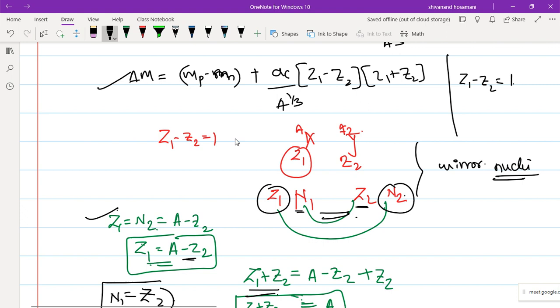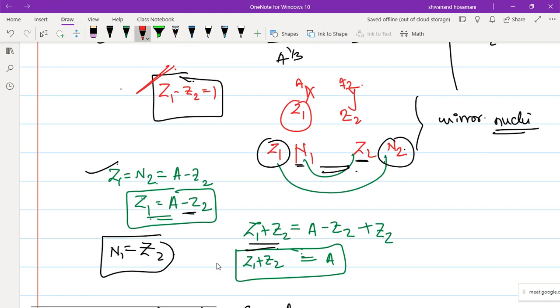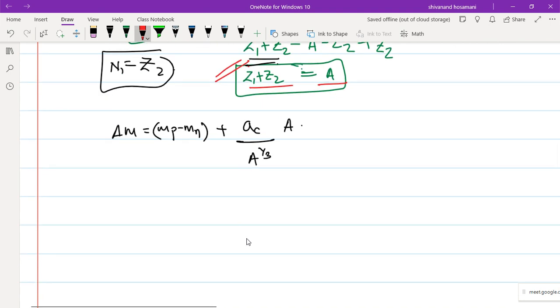By replacing z1 minus z2 with 1 and z1 plus z2 with a, I can rewrite this term as a into just 1.